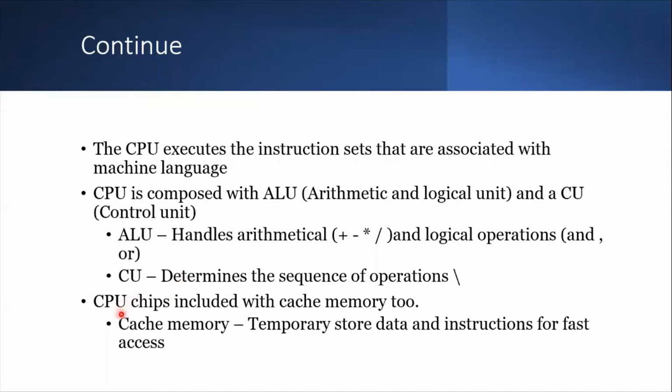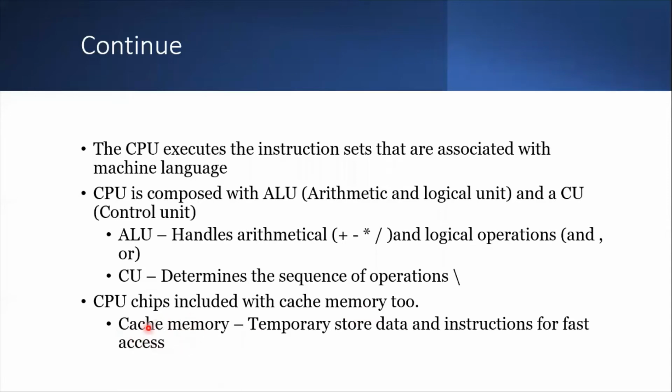Now CPU chips include cache memory, right? This CPU executes the instruction sets, as I told you. Apart from the two components, there's a cache. Cache stores data temporarily, but it's very fast. These small CPU chips contain three layers of cache memory.